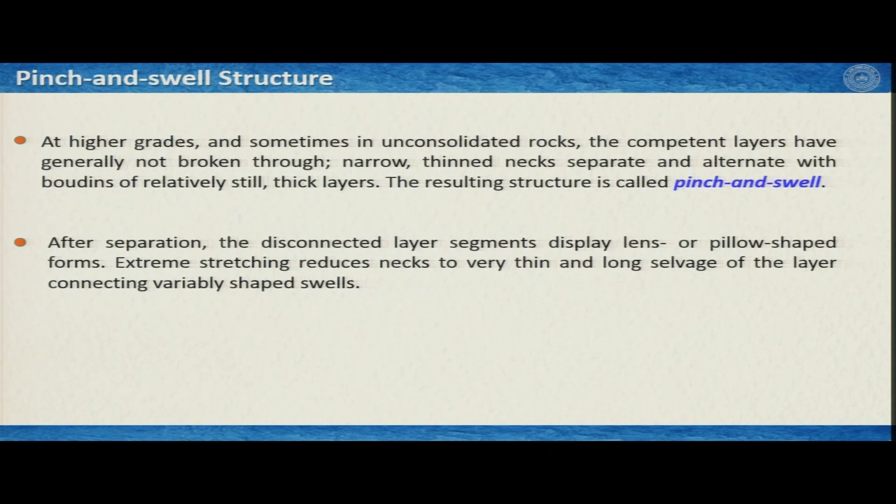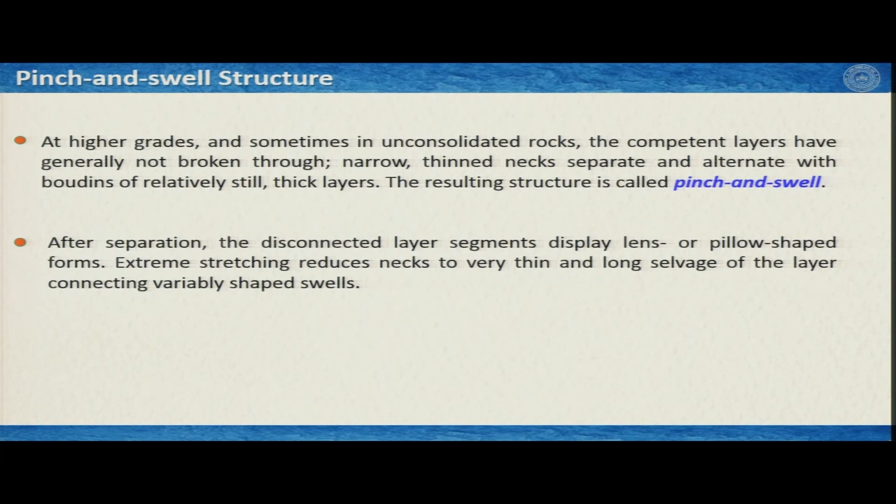What I mean by saying this is that the competence contrast is less between the layer which would be undergoing boudinage or pinch-and-swell and the sandwiching materials. So, the competent layers have generally not broken through. Narrow thinned necks separate and alternate with boudins of relatively still thick layers.